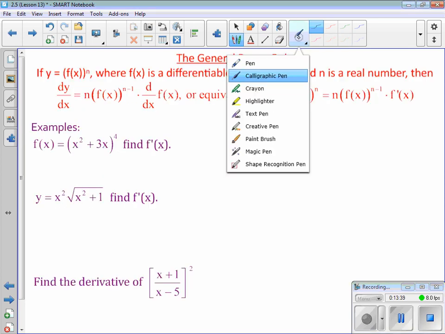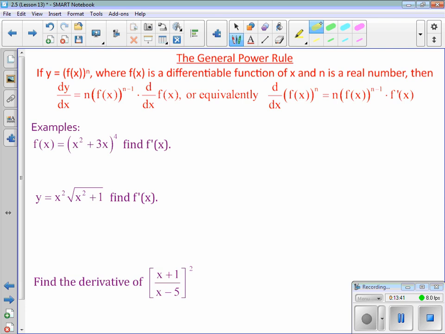The general power rule gets used all the time in calc. So this one's a huge one. Okay, if we have a function y equals f of x to the n, where f of x is a differentiable function of x and n is a real number, then this is true here. These two actually state the exact same thing. Do you see how it's the derivative of y with respect to x?